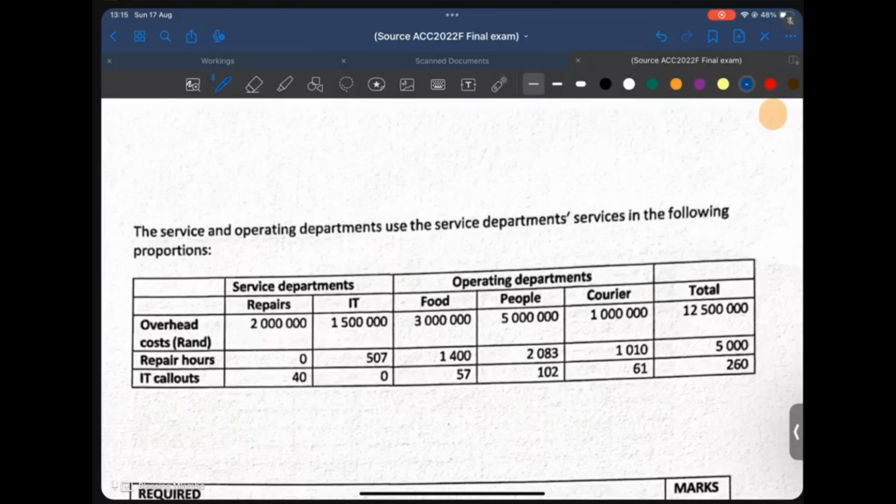The general idea I want you to understand is that we're trying to calculate the profits made by the operating departments as accurately as possible, so we need to take into account some of the costs incurred in the service departments.